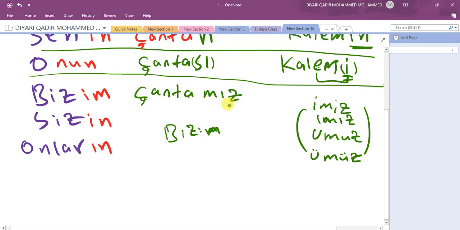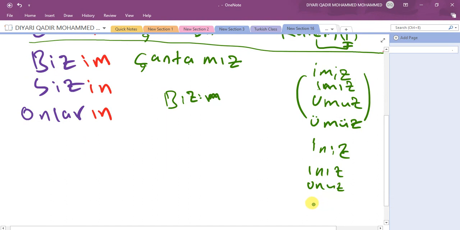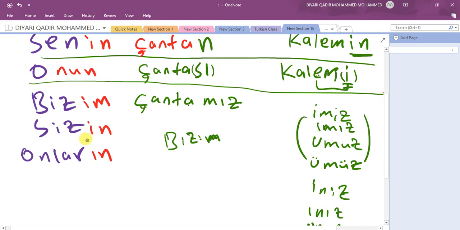That's how it is. And for sizin, it's exactly the same, but instead of this m, you just write n, like iniz, unuz, ünüz, and ınız. So look, sizin çanta, exactly.